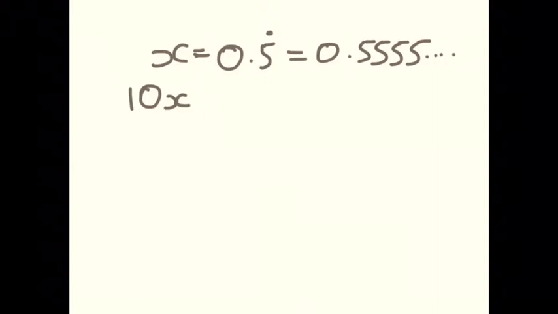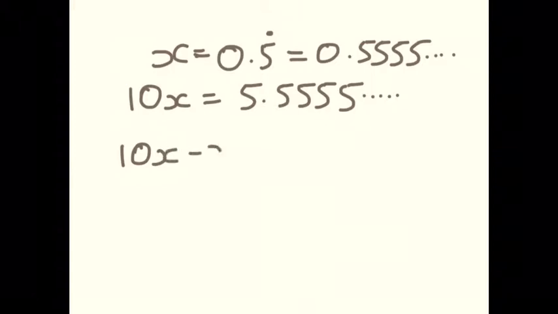10x for the moment. If we multiply this number by 10, we're going to get 5.5555, etc. And the crucial thing here is that the decimal part of this one is the same as the decimal part of this one. Now what I'm going to do is 10x take away x.